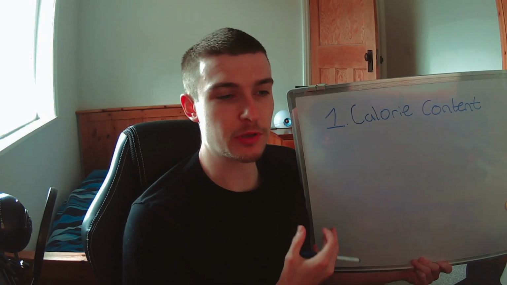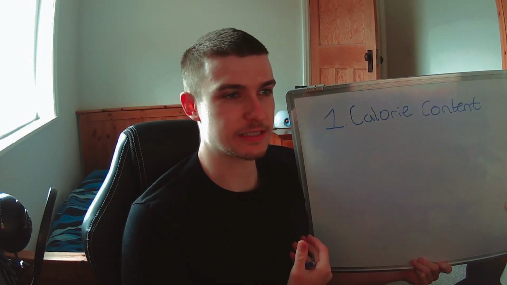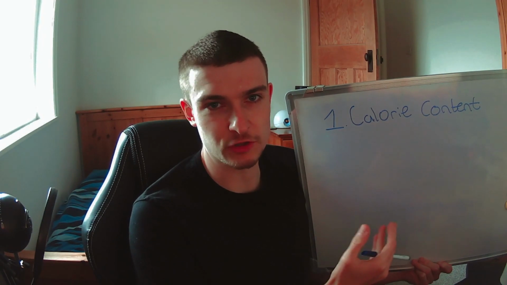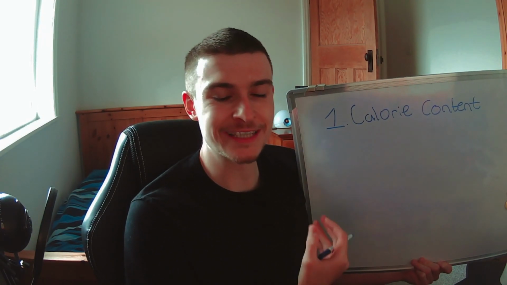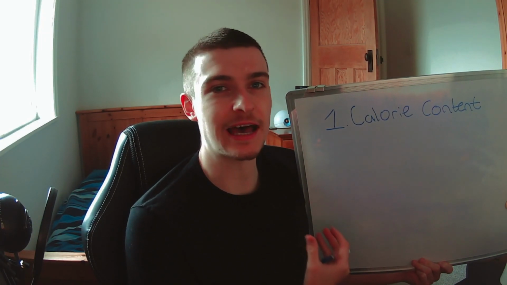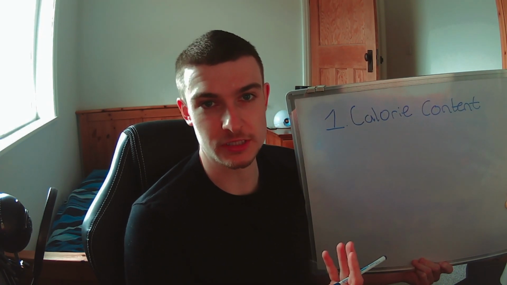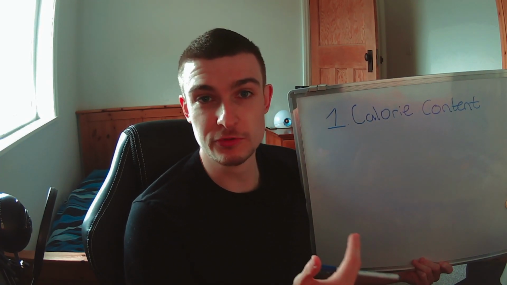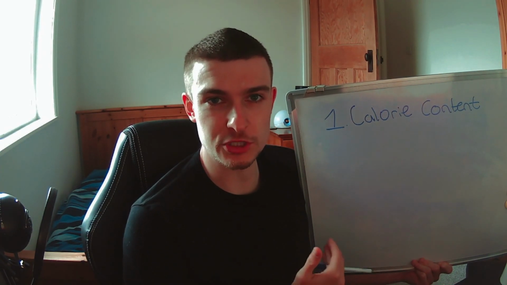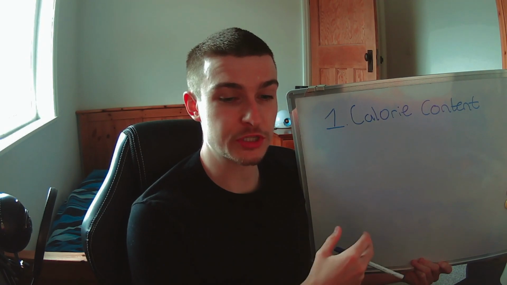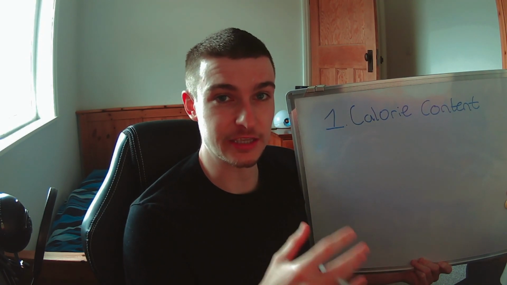Now obviously you probably want to compare this, let's say, per weight, if you're comparing it to other foods, to identify how calorie dense that item is. So for example, you could compare it per 100 grams. Okay, and you can have a look at two food items and see which is more calorie dense than the other.